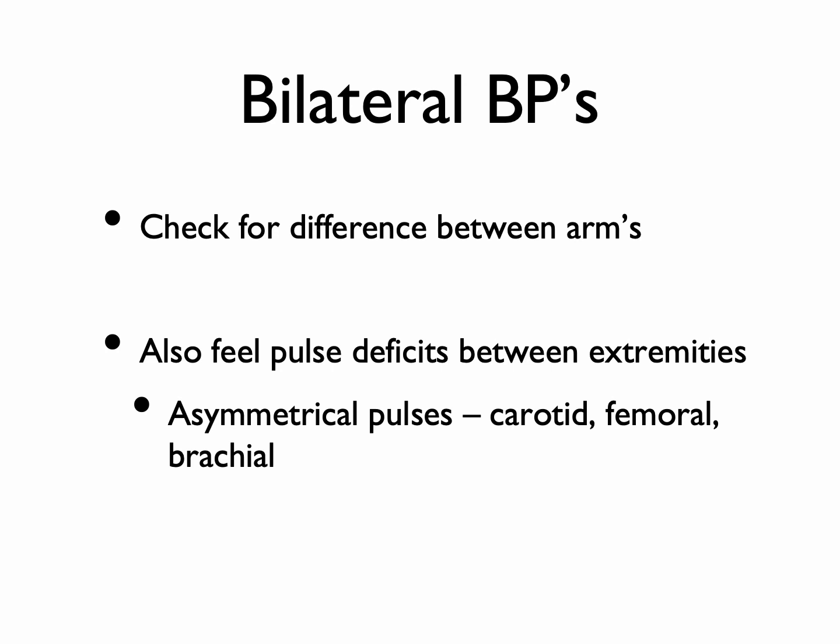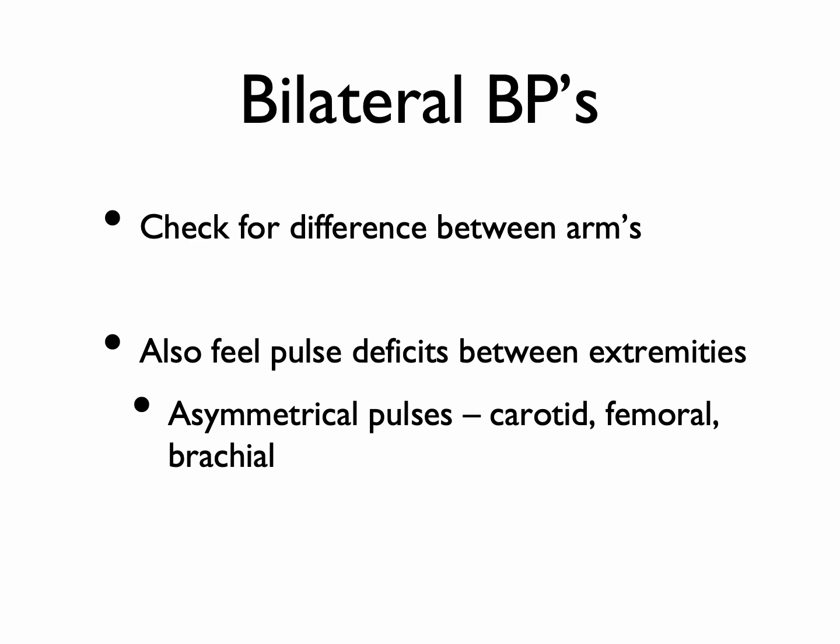We can do bilateral BPs, and if there's a difference of 20 systolic between the two, it may lead us down the path to actually look for aortic dissection. But we also need to be mindful that about 20% of the population have greater than 20 systolic difference between both arms and are completely asymptomatic and don't have an aortic dissection.